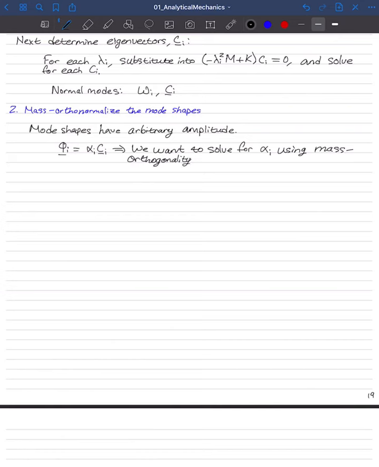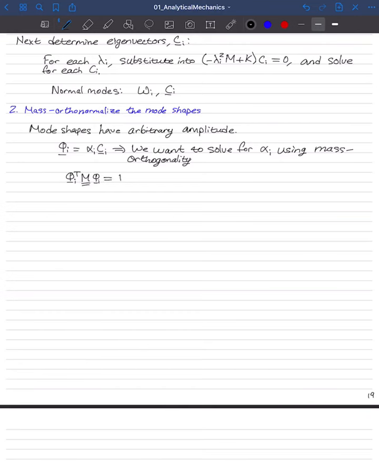So with the way we set up our eigenvalue problem, the mode shapes are mass orthogonal. They're not orthogonal to each other. They're orthogonal with respect to the mass matrix. So specifically what this means is that we want phi I transpose times m times phi I. We want this to be equal to 1.